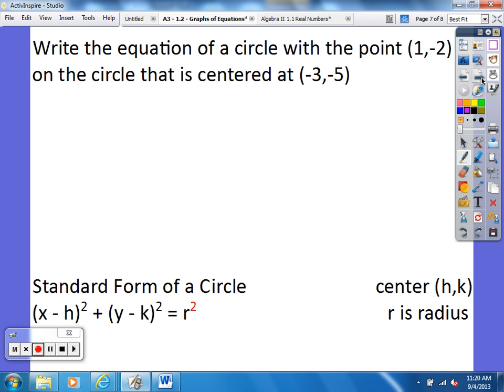All you're doing is finding the distance from the center to the end point. And that gives us the distance of the radius. From center to end point. Or you can call it from center to radius, if that helps.